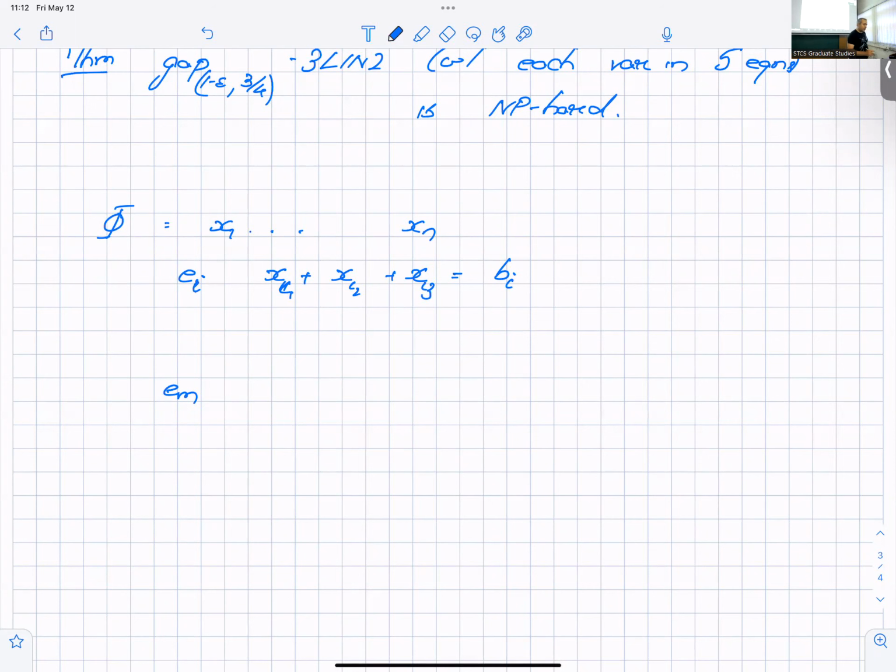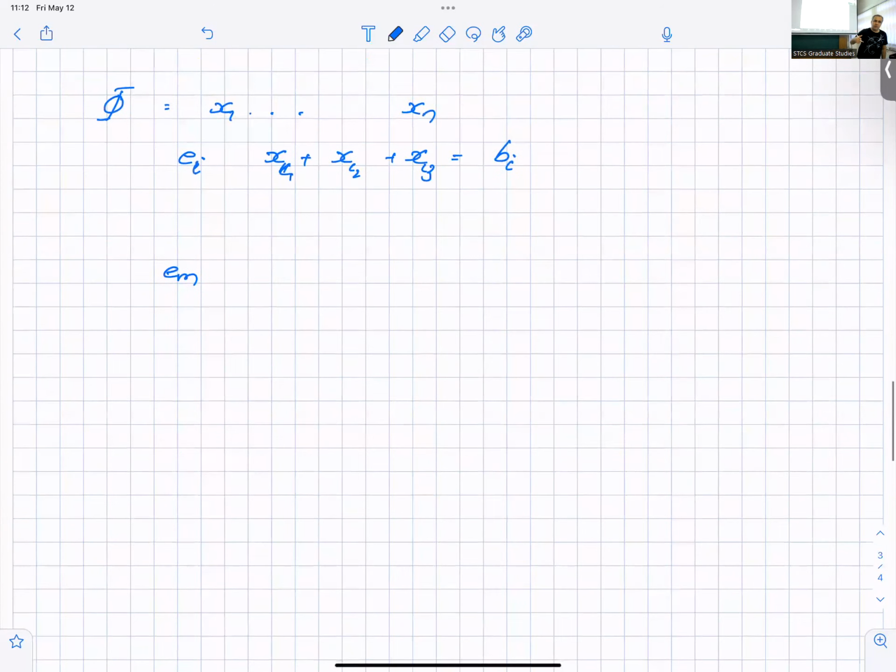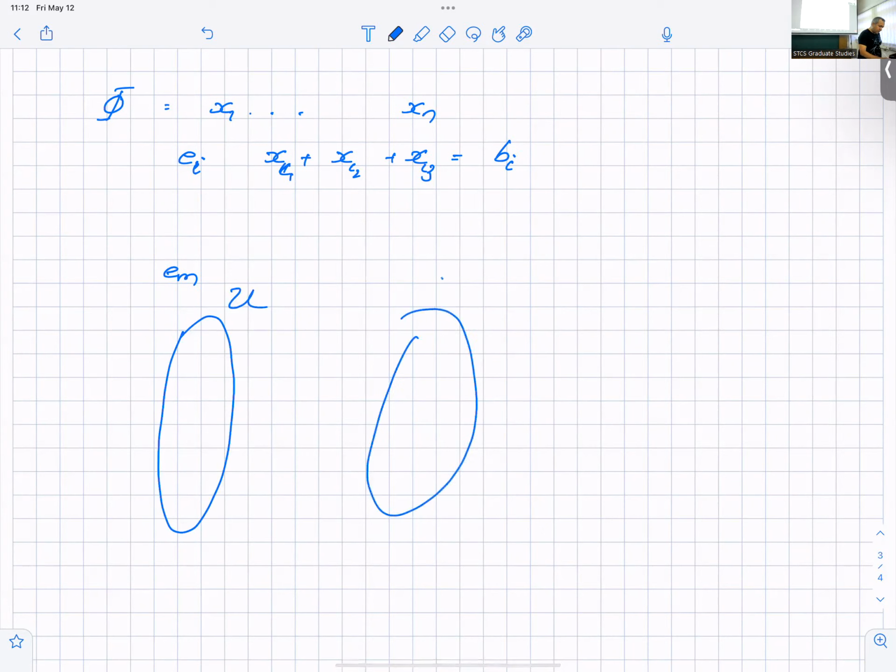Now from this I'm going to construct, as we did in the last part, a two-tower system in which we have U and V. Each guy here is going to be a set of K equations, and each guy there is going to be something like 3K minus 2 beta K variables.